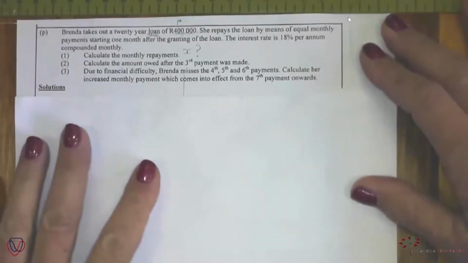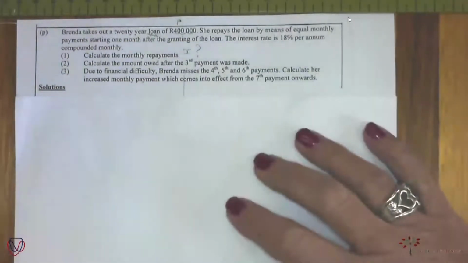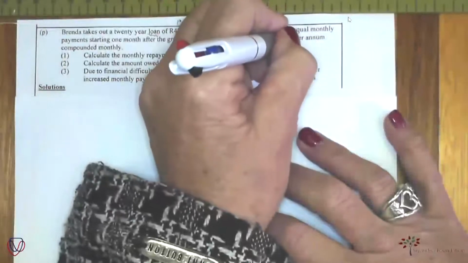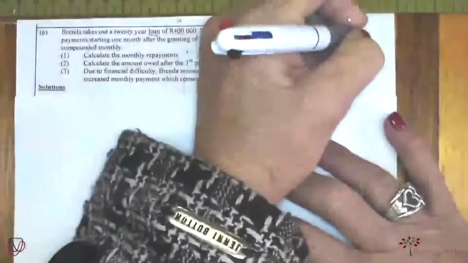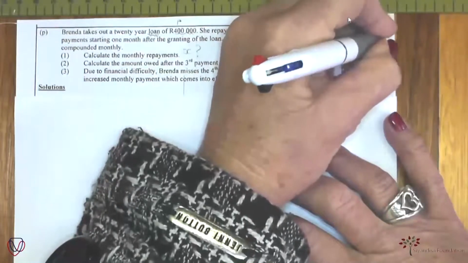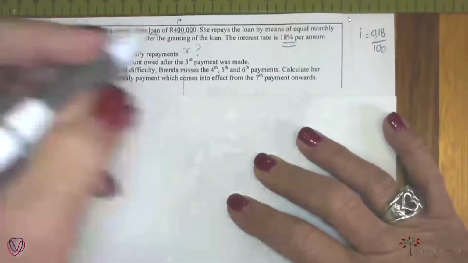Okay, you must calculate X, and we're going to use, for a loan, the P formula. Let's have a look. There's our interest. So i is going to be 0,18 over 100. And it's monthly, isn't it? Yes, it's monthly.